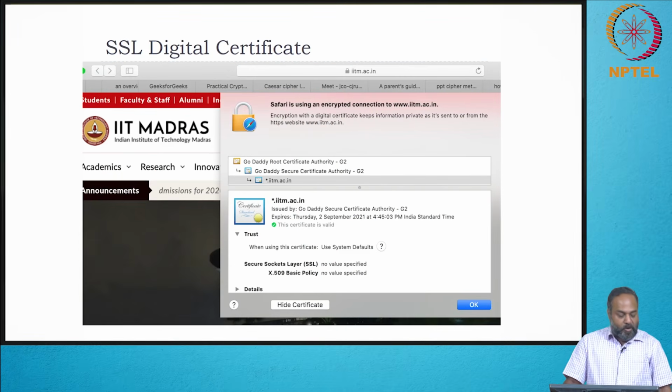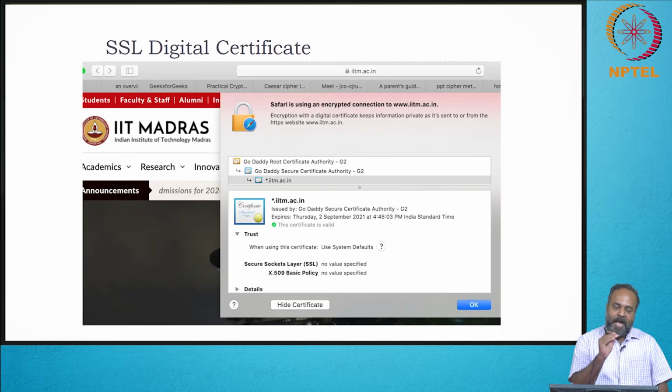And you can see the other context where digital certificates are important. When you type the address of a particular site you want to visit, say IIT Madras, the browser needs to ensure that you are actually accessing IIT Madras and not something else. All genuine organizations would try to have a digital certificate for your browser to verify that it is IIT Madras.